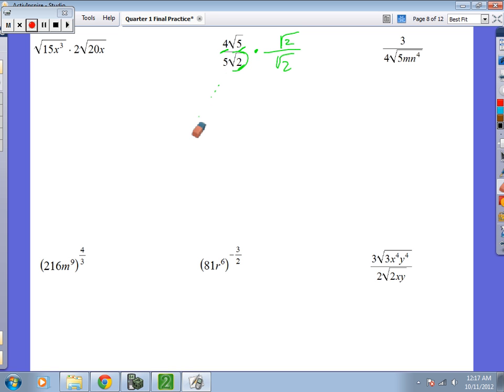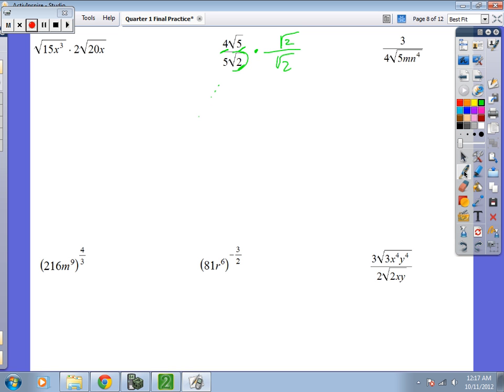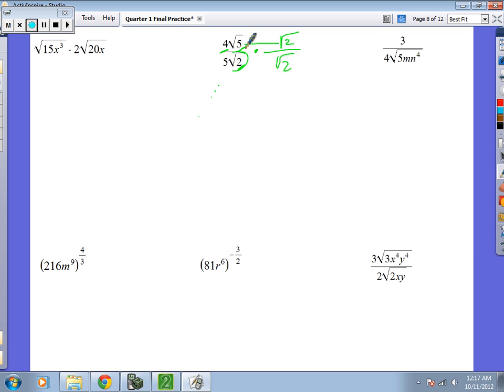Alright. So when I multiply my tops, I can times the 5 and 2 together since they're both underneath radicals. So I'm going to have 4 times the square root of 10. And then on the bottom, you're going to have 5 times the square root of 4.